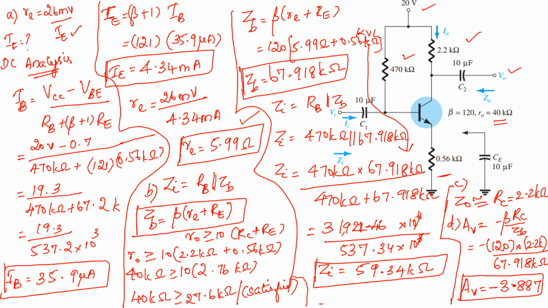Second, in the B part, you have got Zi is equal to RB parallel to ZB, which is 59.34 kilo ohm, and Z0 you have got 2.2 kilo ohm, and your AV is equal to minus 3.887. Okay, so these are the values which you have got.